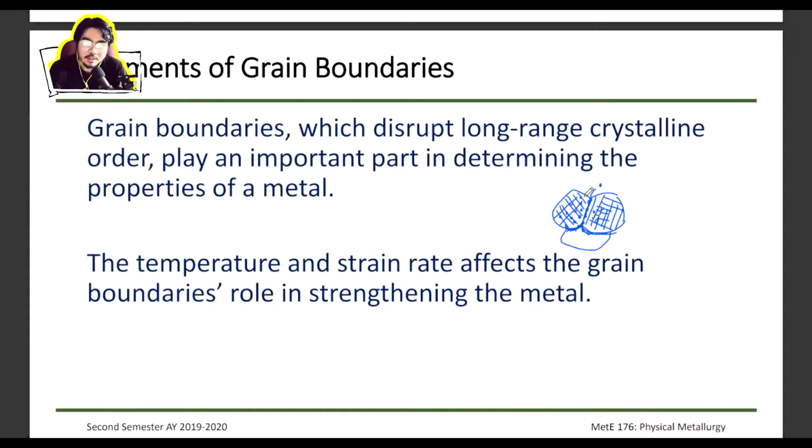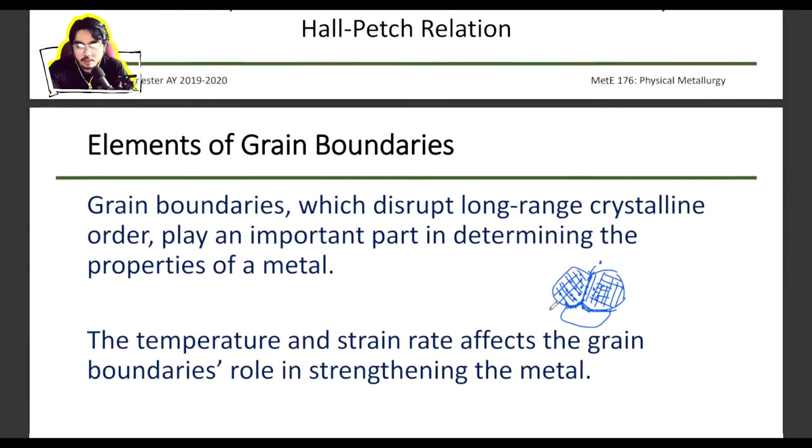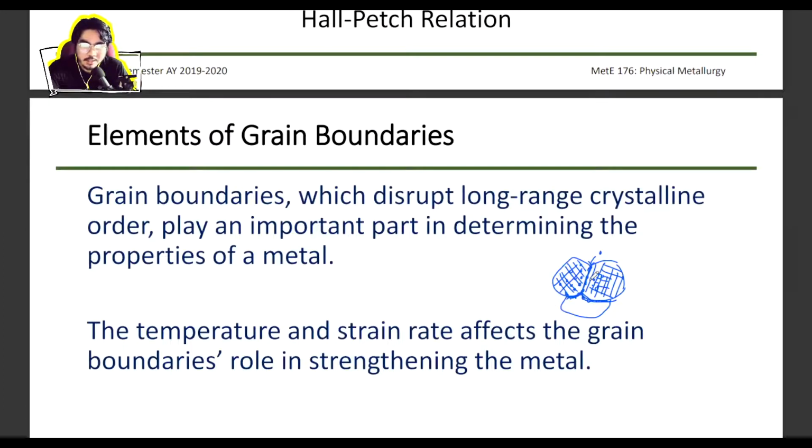It's something that confused me at the start too, when I first learned about grain boundaries. Is it a physical boundary with atoms there? Well, the grain boundary is actually just a representation of the misorientation.